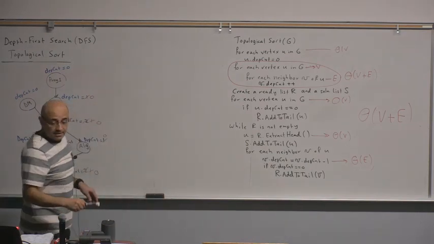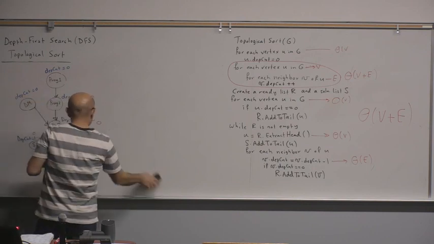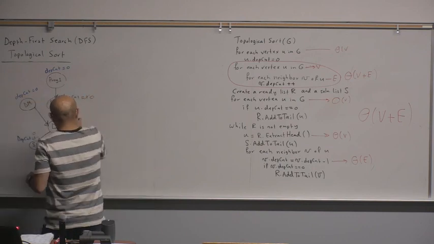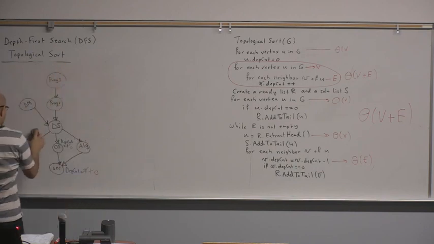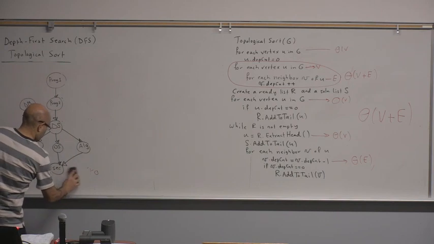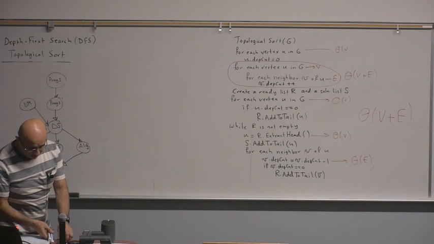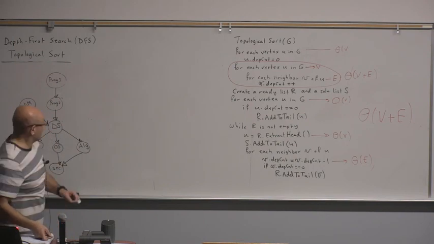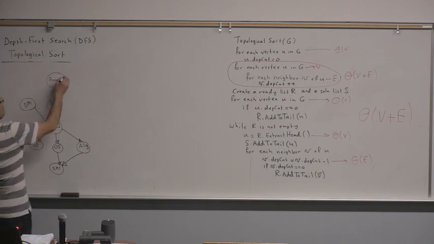Now the idea is, if we look at this graph, if we do DFS, so let's do DFS and see what we can do. If we do DFS, let's suppose that we started from this.